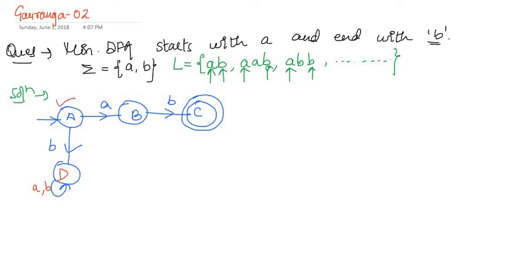So transition for A has been completed, transition for B on the initial state has been completed. What will happen if A comes in the middle state? In such cases we will stay, because A has come in, but any number of A can come. We will not reach the final state, but wait for the B to come. So here this will be A. So the transition for A has been completed.